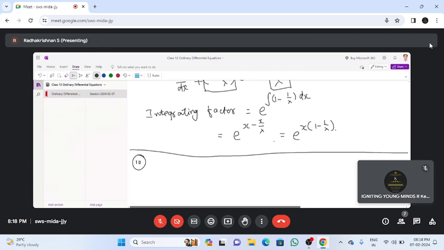The integrating factor of the differential equation dy by dx plus p of x into y is x, right? Then find p of x.